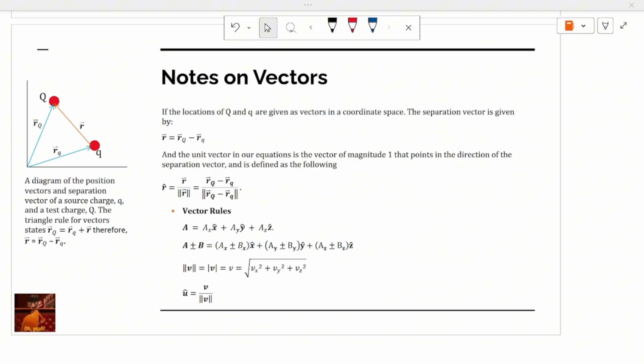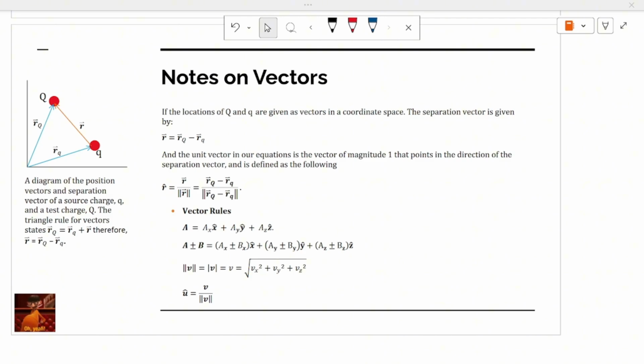Notes on vectors. Most of the time, you're going to know the direction of the unit vector without doing any vector algebra. However, if the problem is not simple and you must solve for the unit vector, the following equations will be helpful.